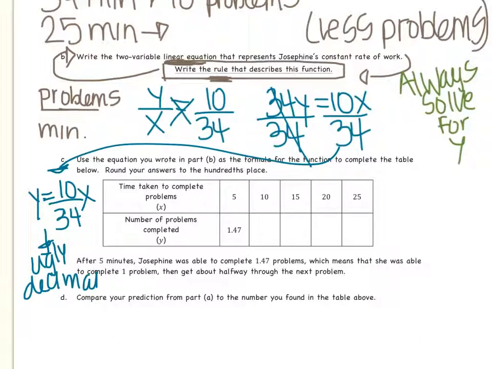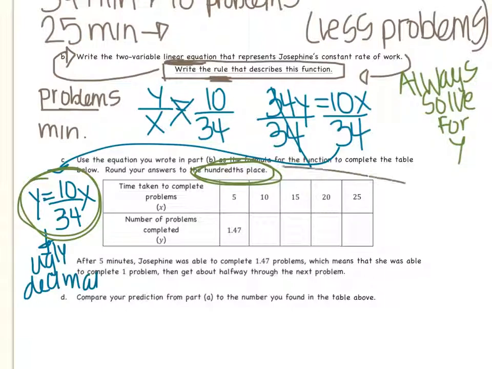So now you should be able to complete part C. You have to use the equation that we just wrote, which is here, and you need to complete the table. You need to round your answers to the hundredths place. Remember, when you round, if you have 126.356, 5 is in your hundredths place, you have to look to the right.